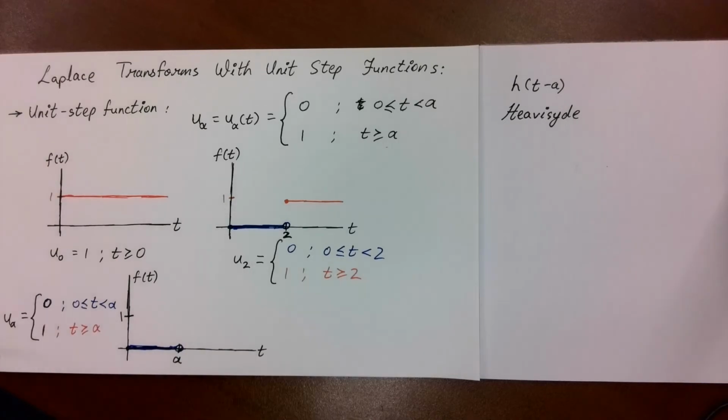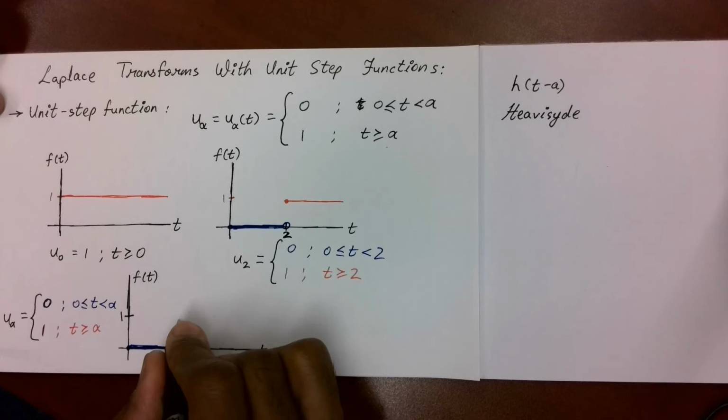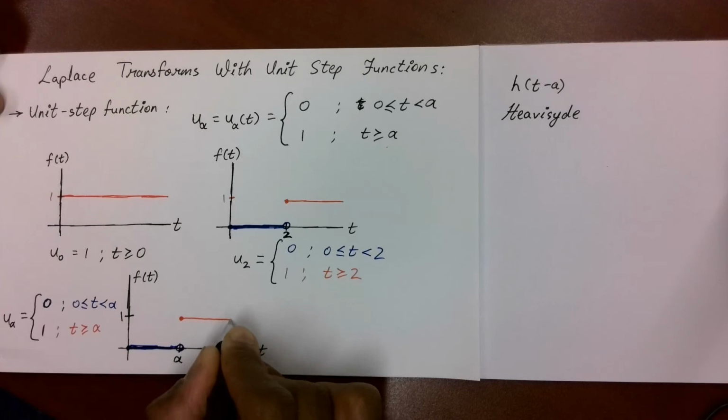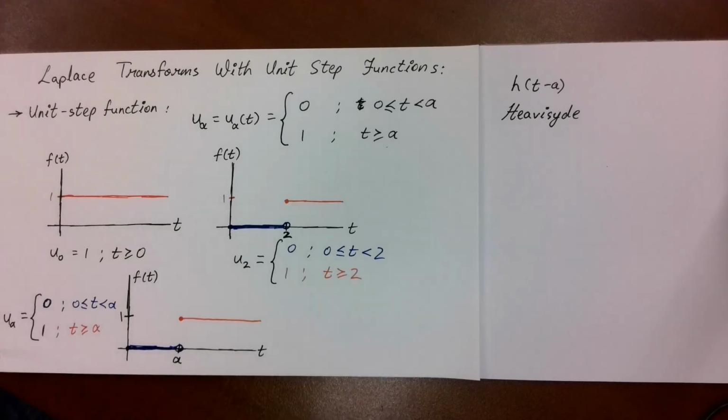It will be open at the t value of alpha, and then the function 1 starts at the point (alpha, 1), and it continues all the way to infinity. Okay, so here are 3 examples of unit step functions.